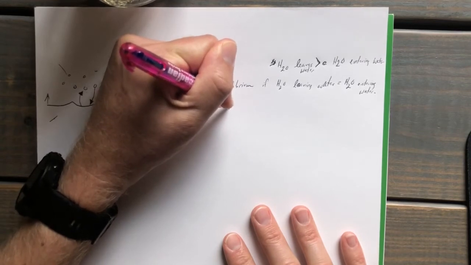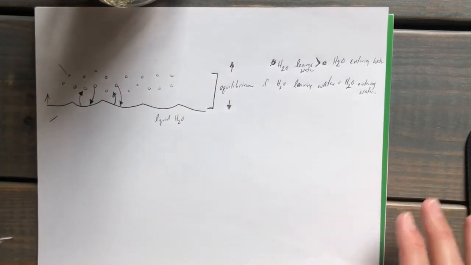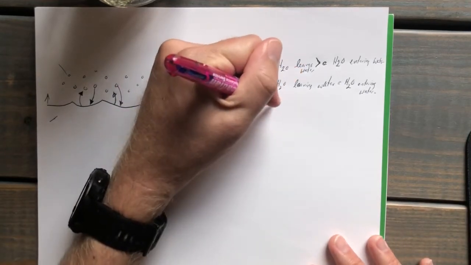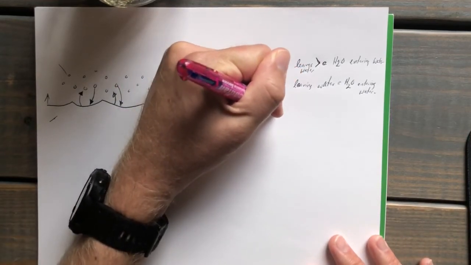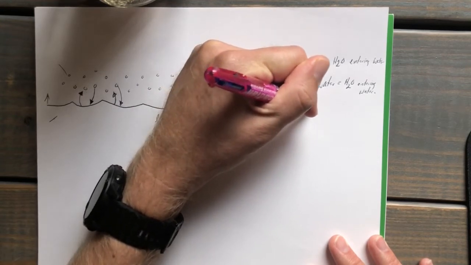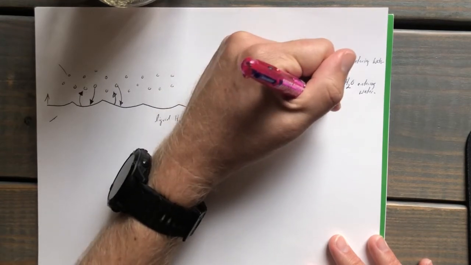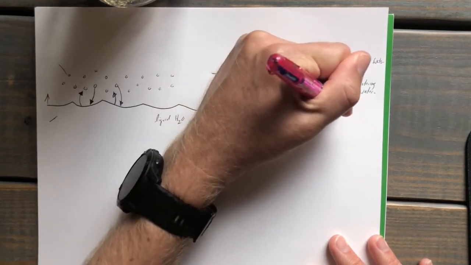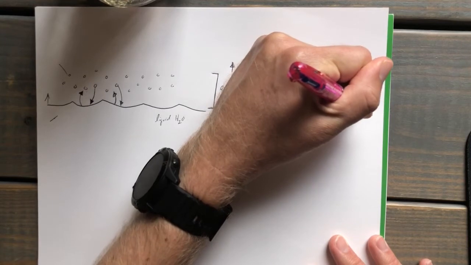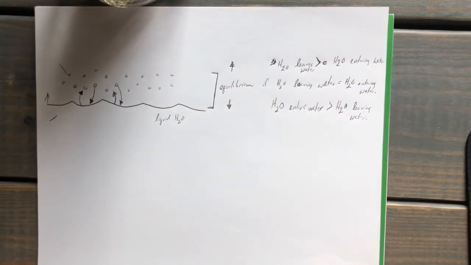If there is an energy decrease, there's an overall system temperature decrease as well, and H2O entering water is greater than H2O leaving water. So you can write that a variety of ways.